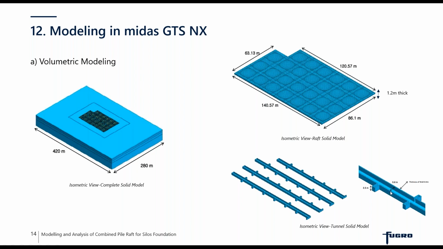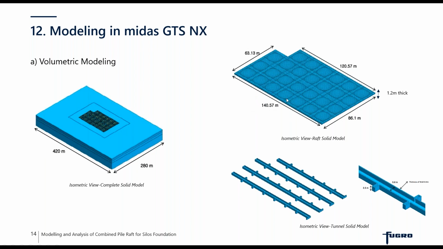As you can see, the details of the tunnels are provided with a thickness of 0.4 meters and an overall width of 3.6 meters. We had 4 tunnels below the raft foundation. Now, for the modeling, you can see that it's a big model because the raft size was also very big.